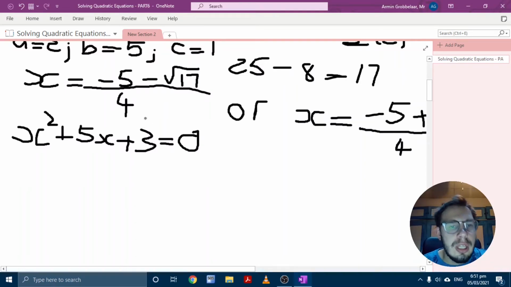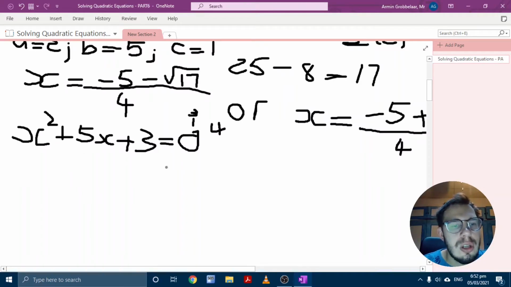Now if you look here, the only factors of 3 are 3 and 1, but 3 plus 1 gives me 4, but doesn't give me 5. So there are no other factors of 3, so I'm also stuck here. So that's why I'm going to use the formula.